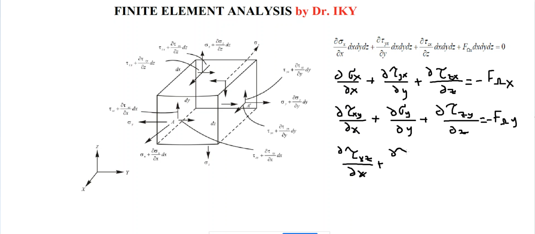Again, d tau yz over dy plus d sigma z over dz is equal to minus f omega z.